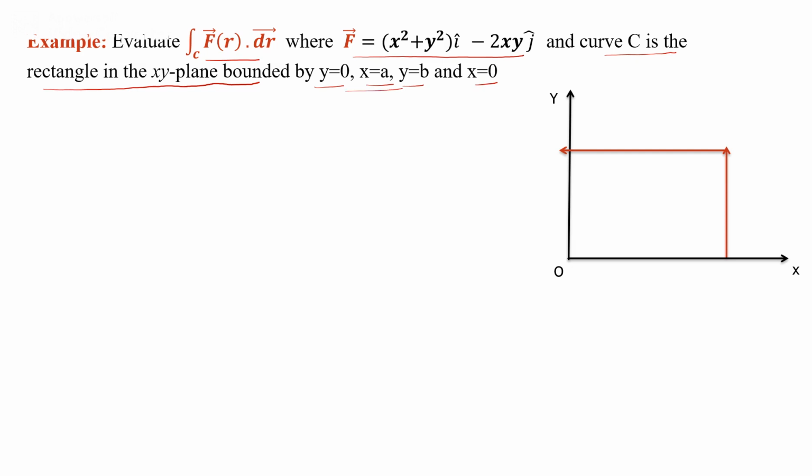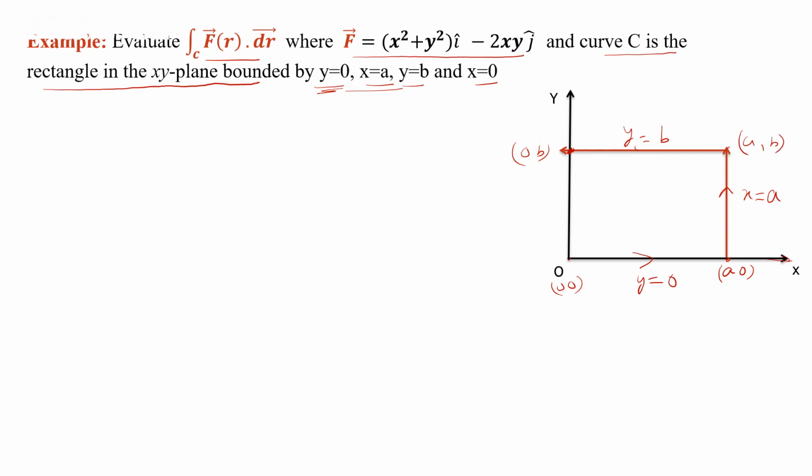Suppose this is the origin 0 0, and that's the x-axis. The bounded region we have is y equal to 0, and suppose this is the point a 0, so that's the line x equal to a, and if this is the point 0 b, this is the line y equal to b, and the intersecting point we get is the point AB.